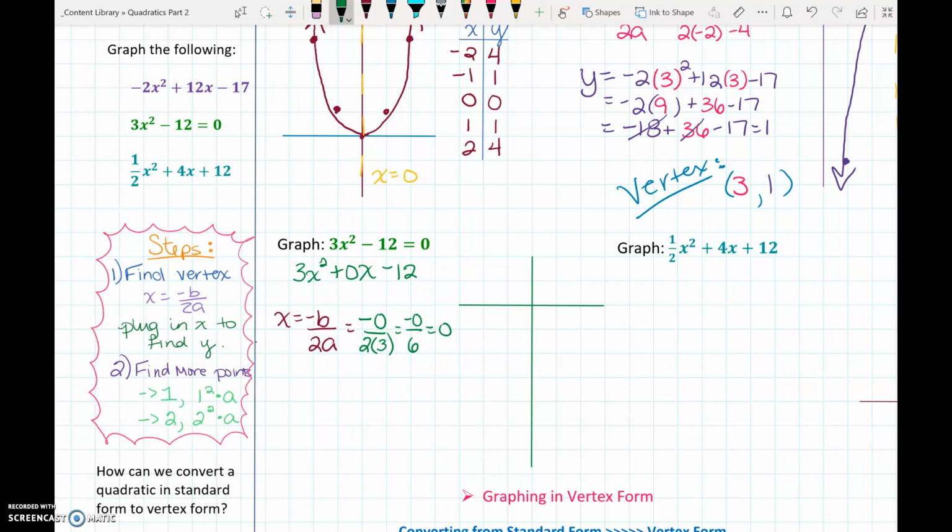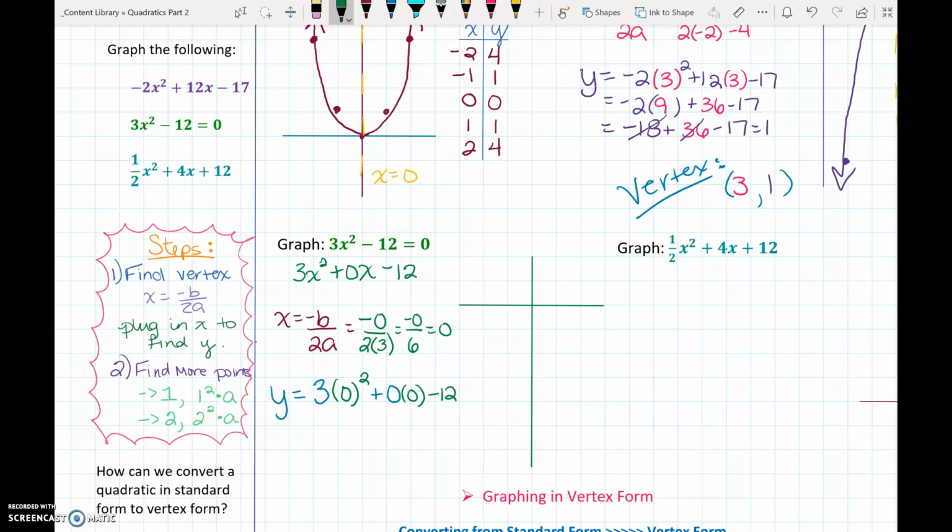Now let's find y. So y equals, I'm going to replace all of my x's with zeros, plus 0 times 0. That's weird, but it works. And then minus 12.